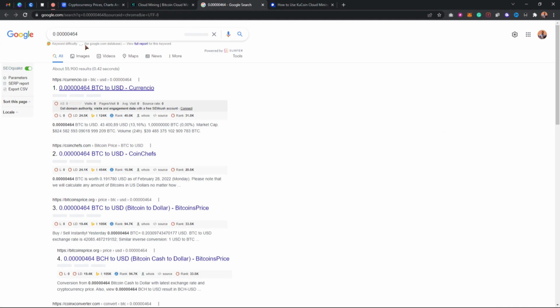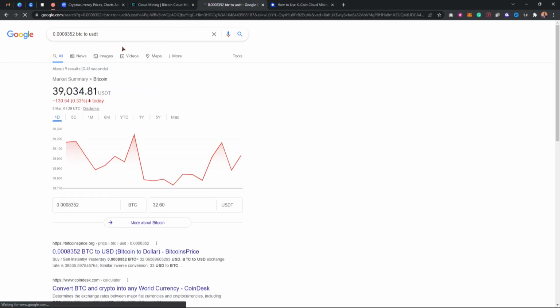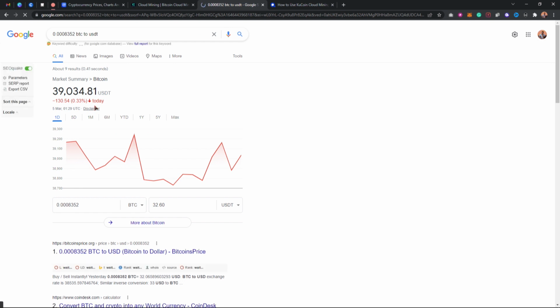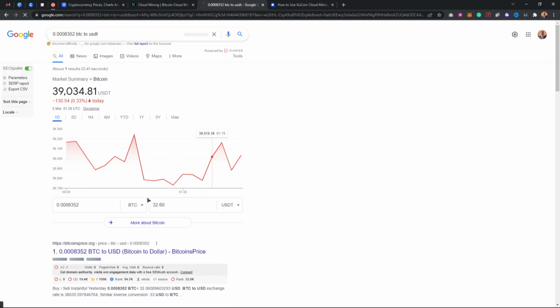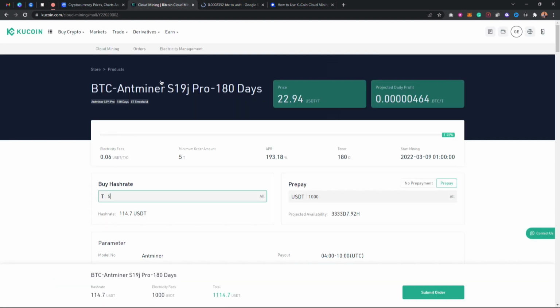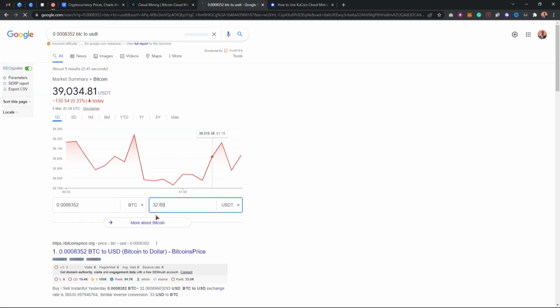So let's convert this amount of BTC to USDT, so we can see the value.